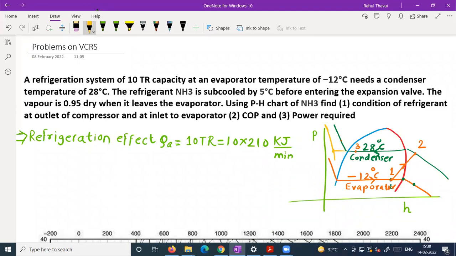So that is point number 3 I will take. Is that okay? Because along this line we need to cool it by 5 degrees Celsius, that means 28 minus 5, so we should get 23 degrees Celsius here, right? Is that okay? Let me know.